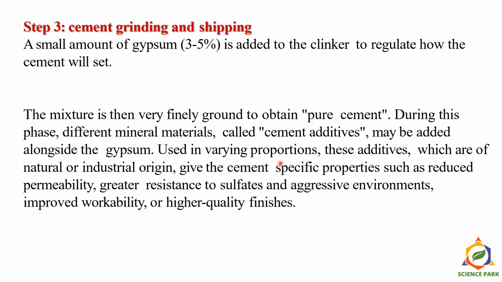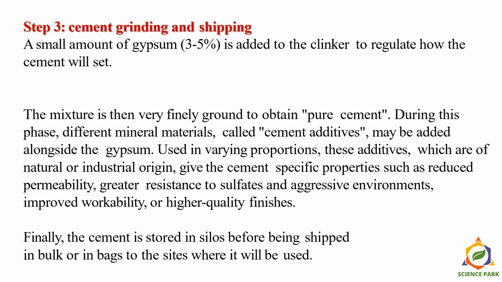Used in various proportions, these additives, which are of natural or industrial origin, give the cement specific properties such as reduced permeability, greater resistance to sulfates and aggressive environments, improved workability, higher quality finishes, etc.